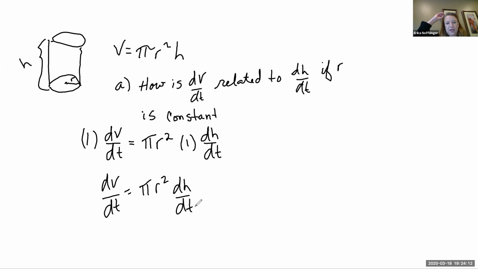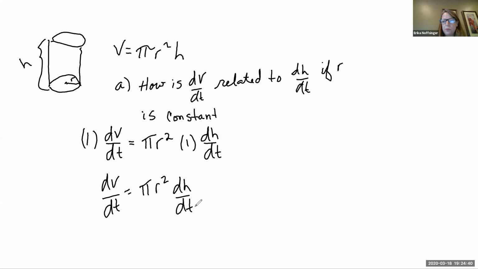So part B was saying how is dV dt related to dr dt if h was constant? So pretty much the same sort of idea, but instead of it growing height-wise, the height staying the same, but the radius is expanding out. And so that volume as the radius is expanding out is growing.